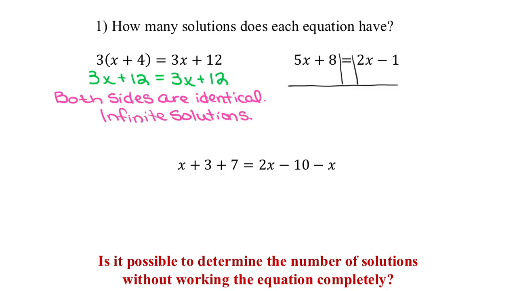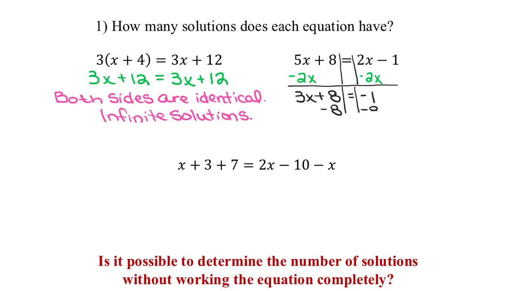Minus 2x on both sides. You are correct. And then that equals 3x plus 8 on that side. And it equals -1. Correct. And then you have to, minus 8.